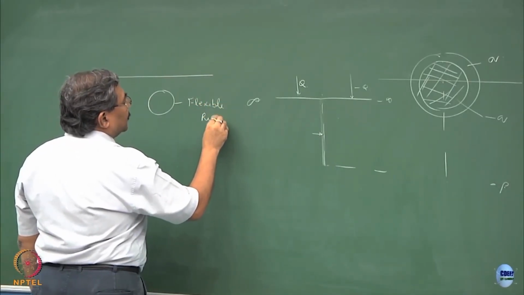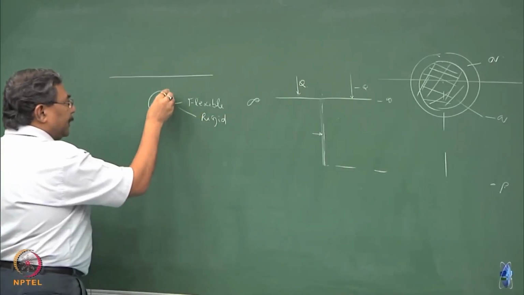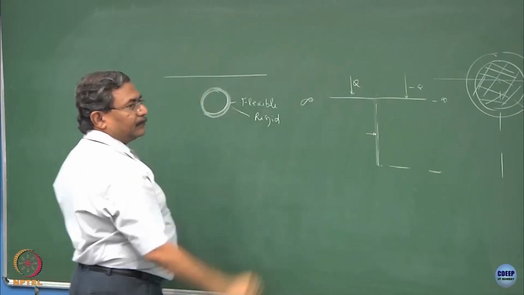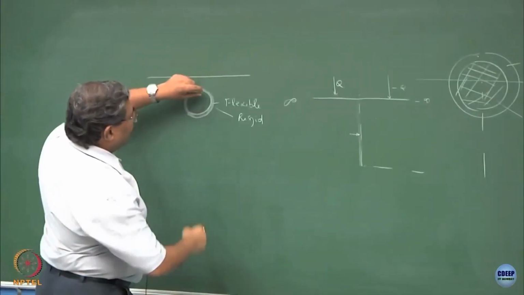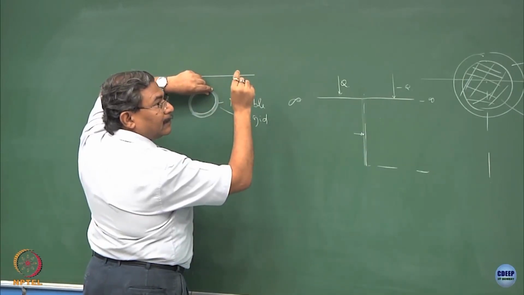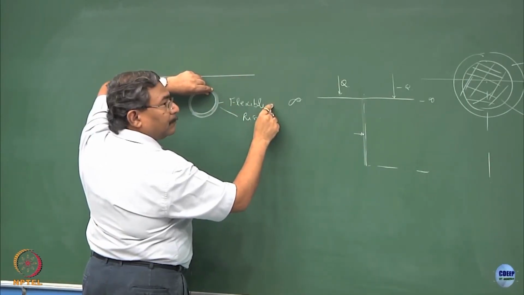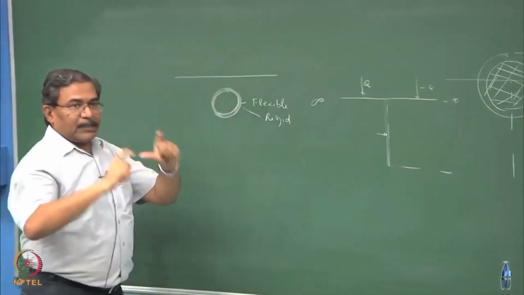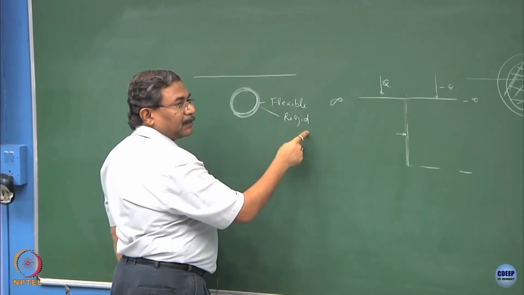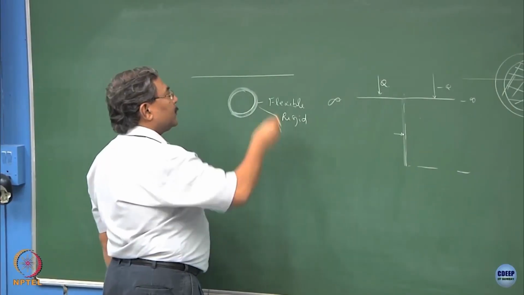Now this is because of the material and the thickness of the wall of the pipe which you have considered. So if the thickness of the pipe is too small and let us say it is made up of PVC, it becomes a flexible pipe. If the thickness is too much and if it is made up of RCC, it becomes a rigid pipe. What stress is going to do?